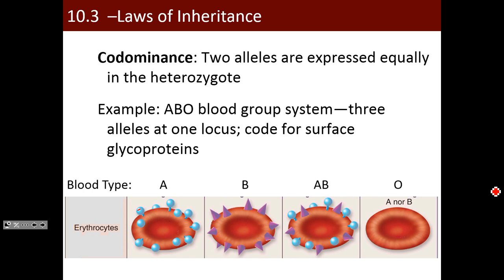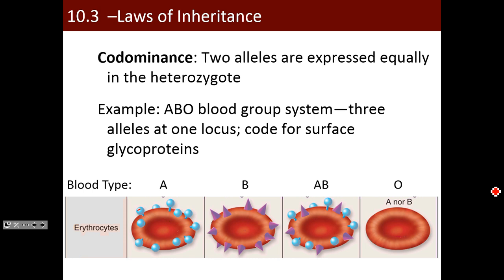This is just a membrane protein. It's on the surface of the cell. If you're type B, you only have the B glycoprotein. Those individuals that are AB have both types of glycoprotein. And those individuals that are O have no glycoproteins on the surface of their cells. It's the absence of that.